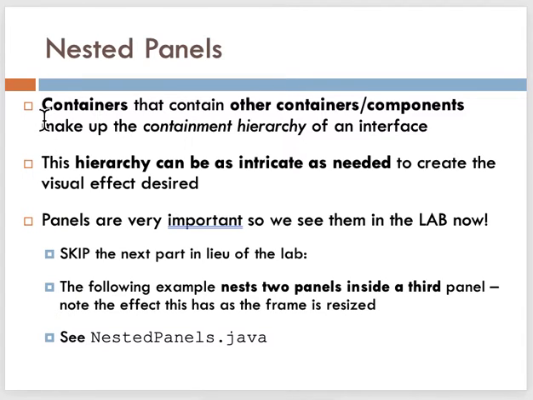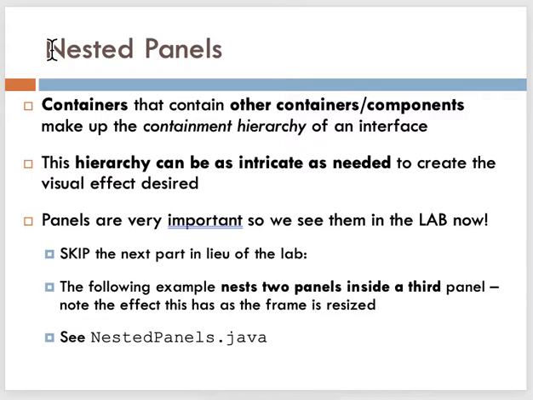So the main advantage of these JPanels, and remember, a panel is just a kind of container, which is a component that can hold or contain other components or containers.